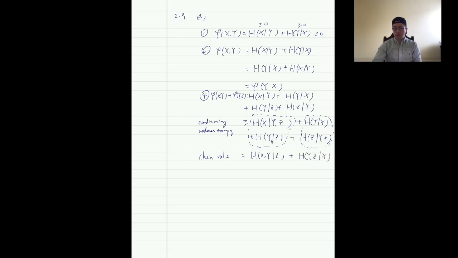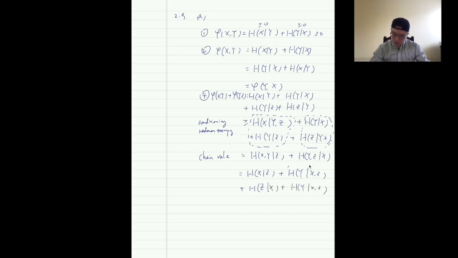Now we can get the term of rho xz, because from here we can get H(X|Z) from the first one, and then write down the rest as H(Y|X,Z). Here we can also get H(Z|X), and then add H(Y|X,Z).